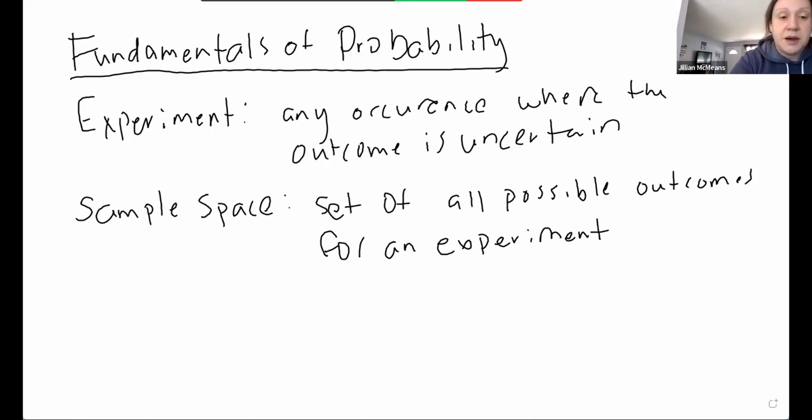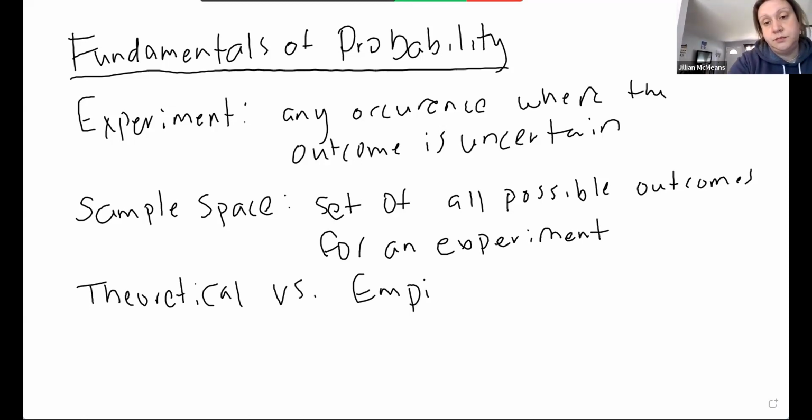When we're talking about computing probability, we have basically two types of probability: theoretical versus empirical. A lot of what we're going to do is theoretical, but we will look at the empirical too.